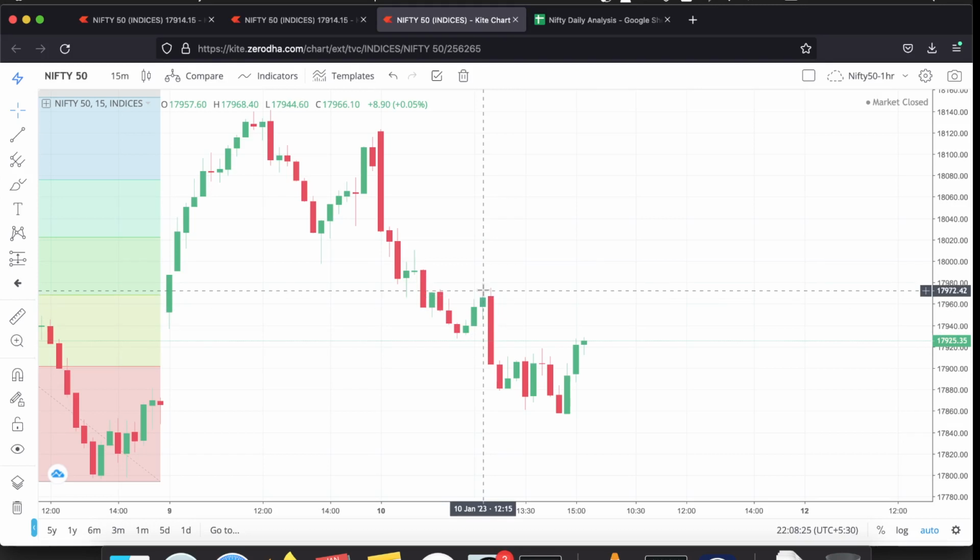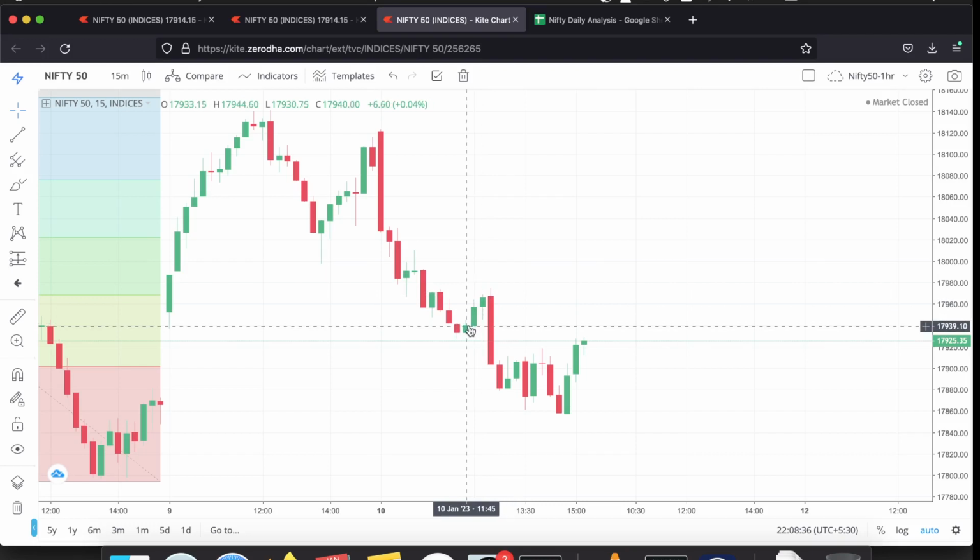So anywhere between this point we can see a resistance, but if one has to initiate a short position, it better be somewhere here, because this itself proved to be a good resistance point.